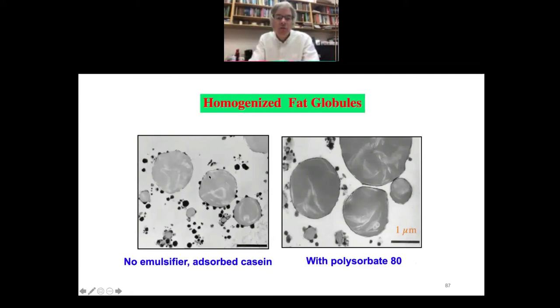So your fat droplet with adsorbed casein, no emulsifier, but as soon as you add a monoglyceride, or in this case a polysorbate 80, which is one of those sorbitan emulsifiers, now you have complete displacement of protein from there and a much thinner interface, which is much more likely then to stick together during the collisions in whipping and freezing.